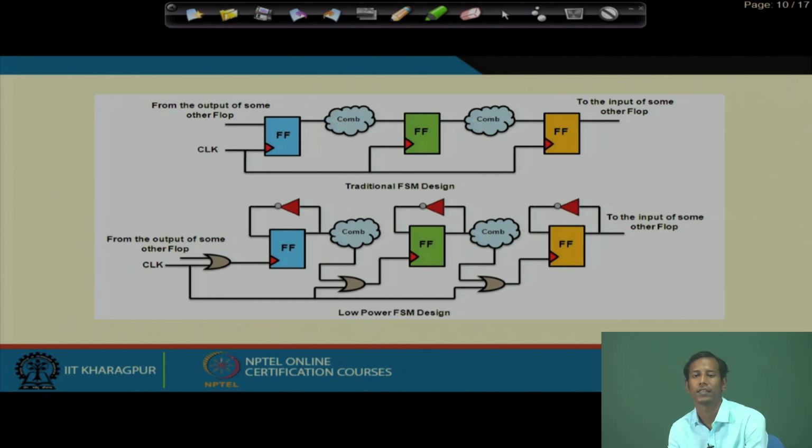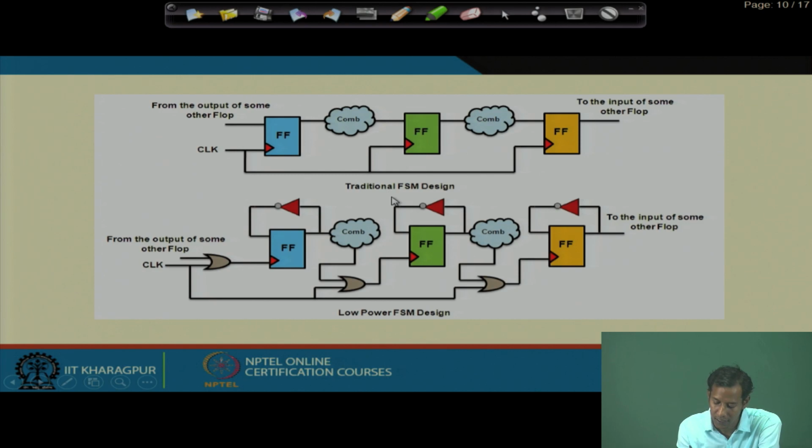So, now consider another example. In a traditional finite state machine we have flip flops, and in between them we have combinational logic placed between the registers. Okay. But whenever we consider the low power FSM, or low power finite state machine, it is not like this.